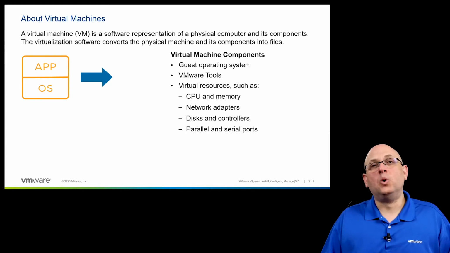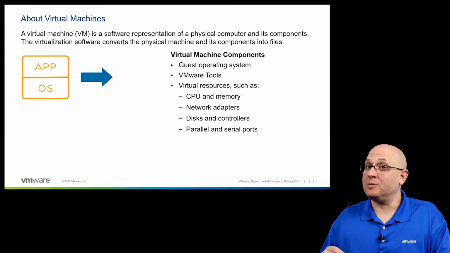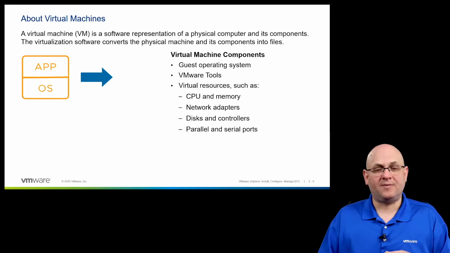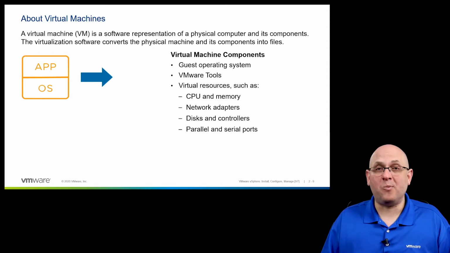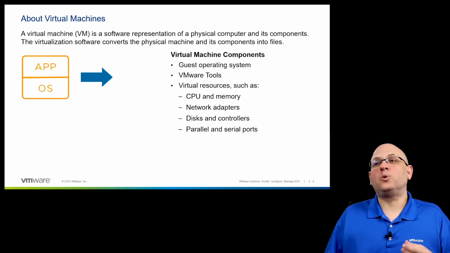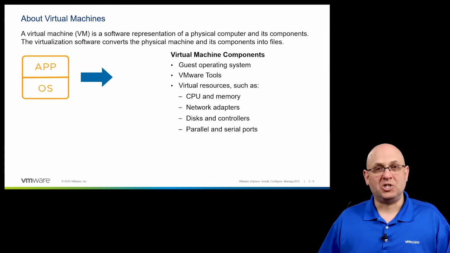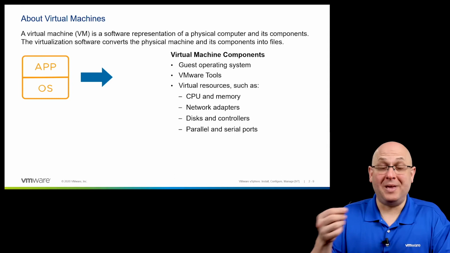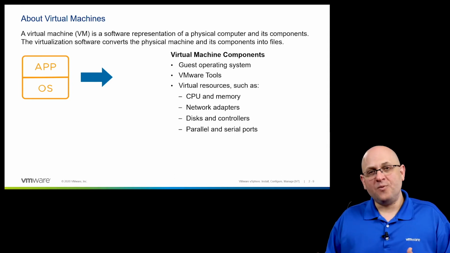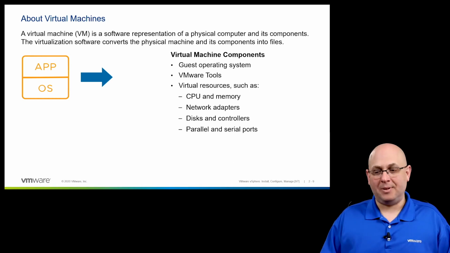And VMware Tools includes some specialized device drivers to support some specialized virtual devices that we're going to attach to this virtual machine. We'll talk more about VMware Tools a little bit later, but suffice it to say, though VMware Tools doesn't have to be installed in every single virtual machine, VMware Tools should be installed in every virtual machine. Okay? So of course, once we have that up and running, we can then begin to install our applications.